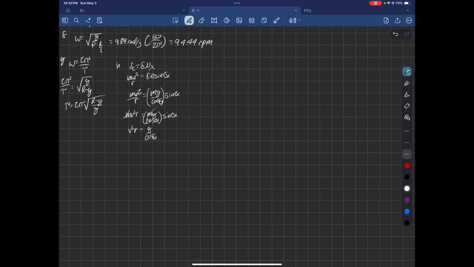So we have v squared equal to r g over. Now we could make this tangent since sine over cosine is tangent, but this r isn't expressed in the given variables. So if we break down sine into its components, which would just be r over r, we could cancel out this r with that one, and we'll have this r in the denominator.